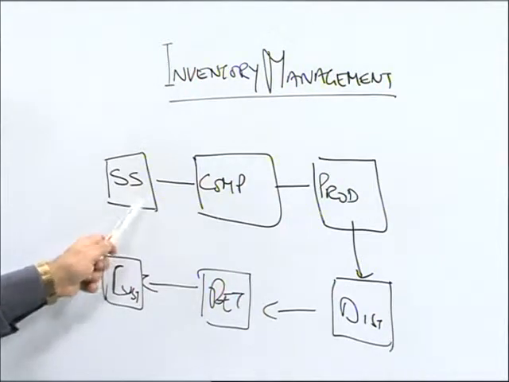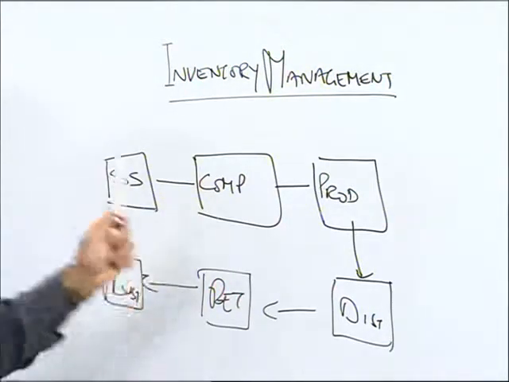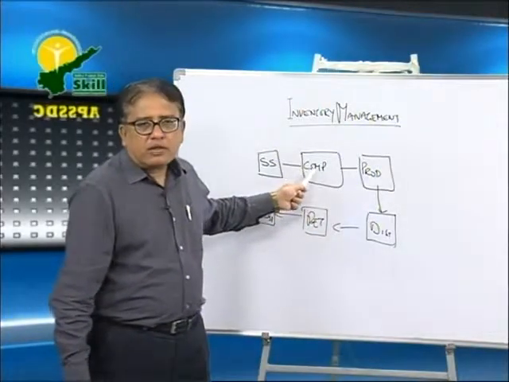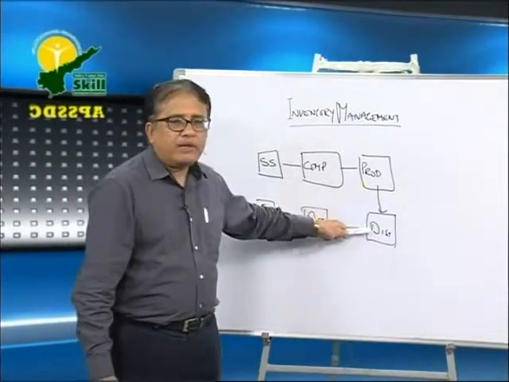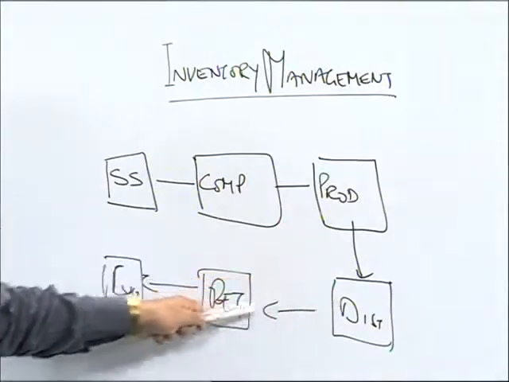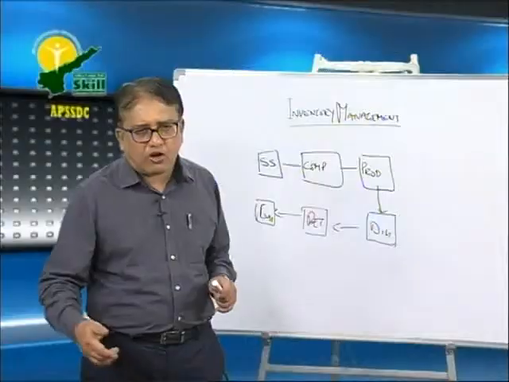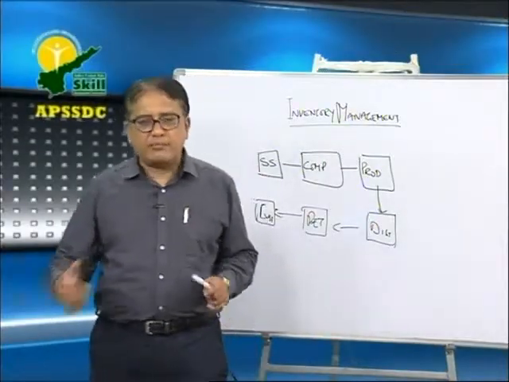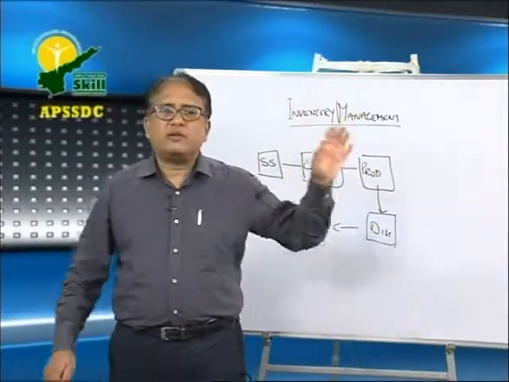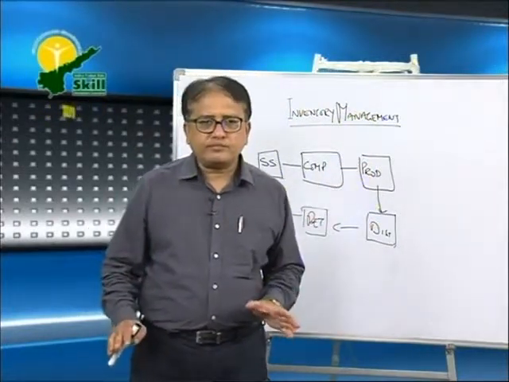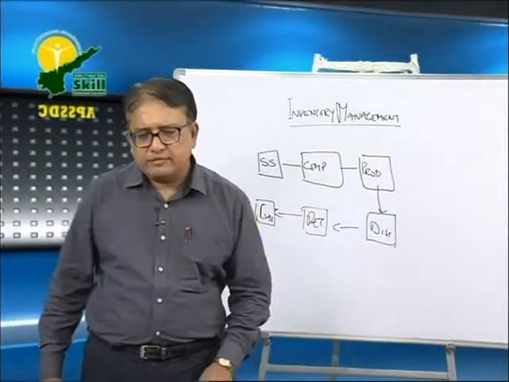If there is not a constant supply of the raw material from the inventory or from the stock, the component cannot be produced. Same here, there may be a continuous customer demand, but if there is not a ready-made stock from which the customer demand can be met, then the customer transaction will come to an end. Let us go to the next slide.